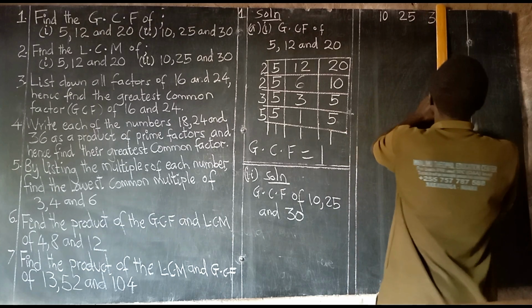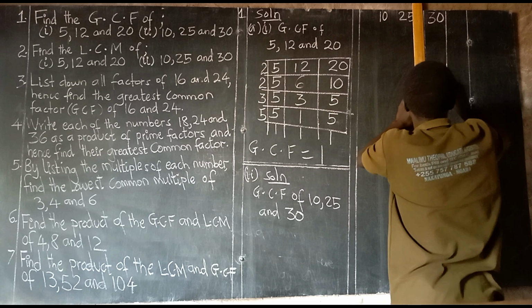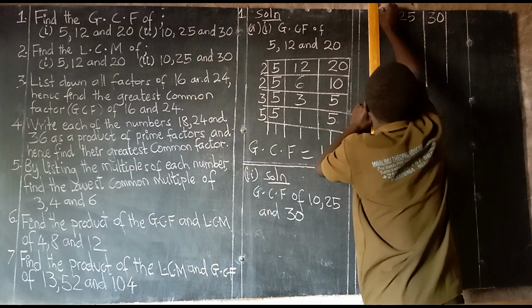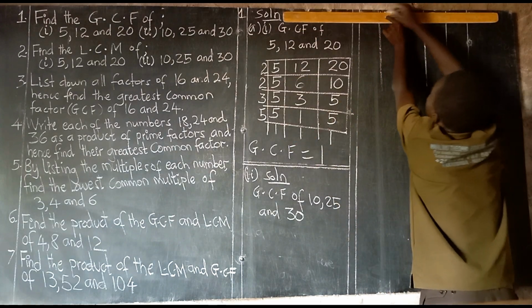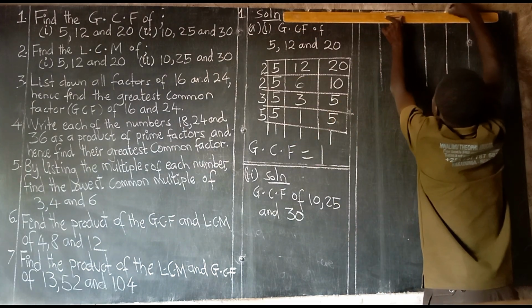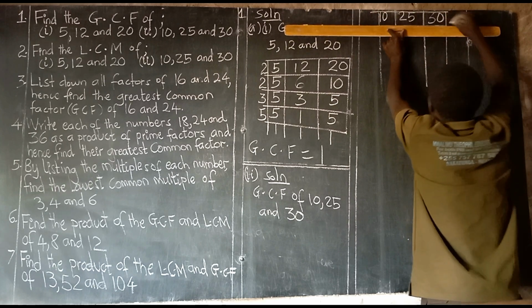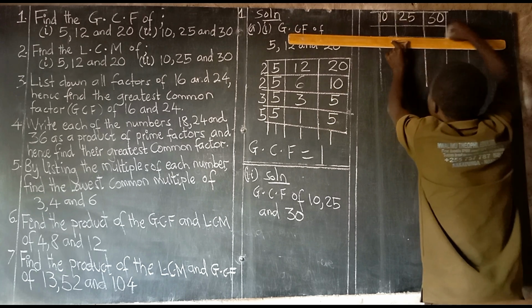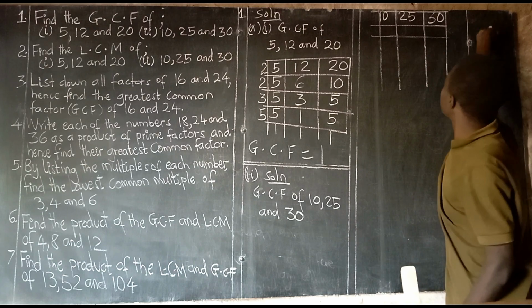Again, you draw these vertical lines, and the horizontal lines as done in question 1, Roman 1. So you have to start again.